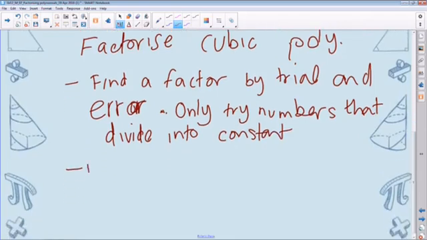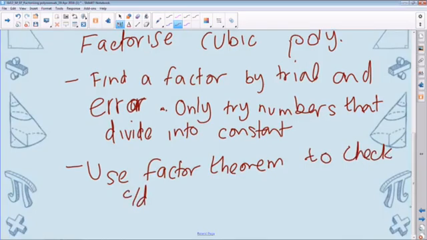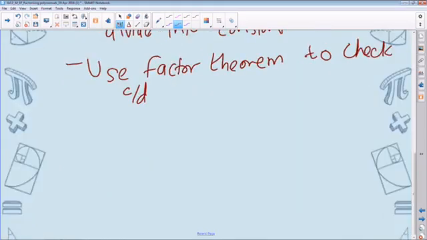You then use your factor theorem to confirm or check that D over C is in fact a root. Remember, a root being an x value or a solution to your equation.